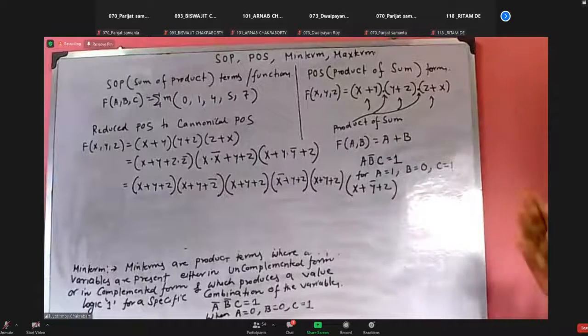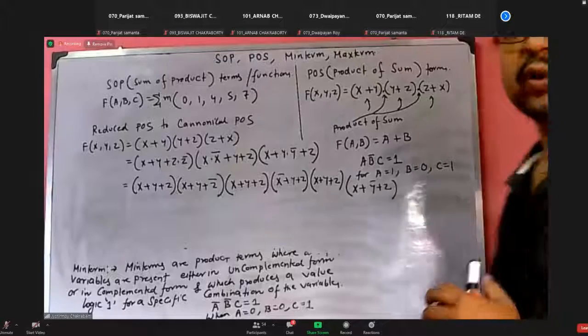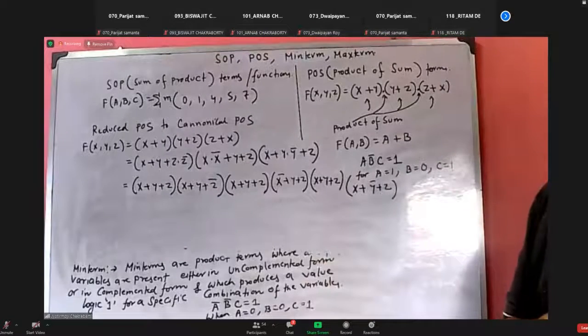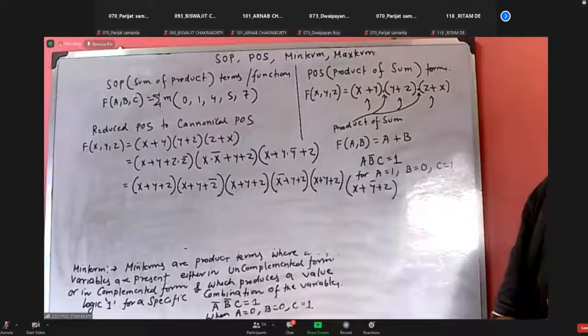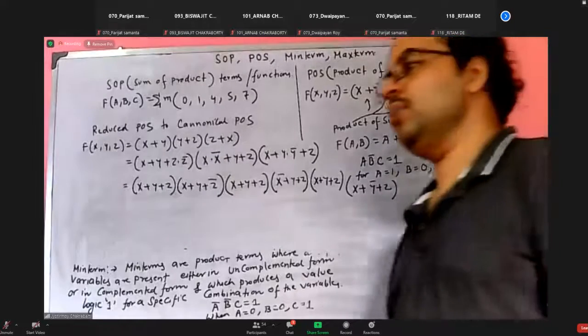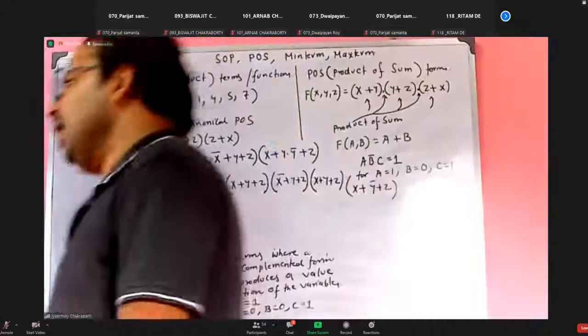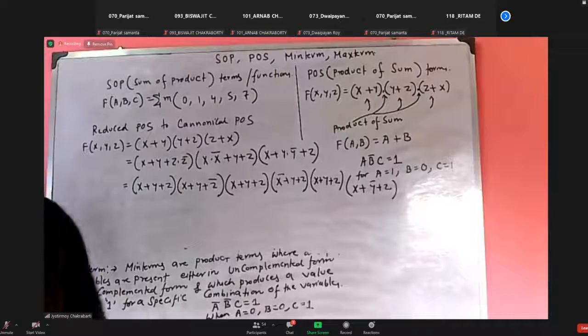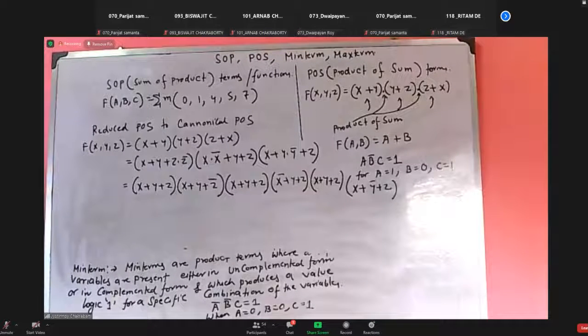Now we have to check which terms are common. Which term is common? X plus Y plus Z. So what have we learned from Boolean algebra? Do we not have to take the common term?